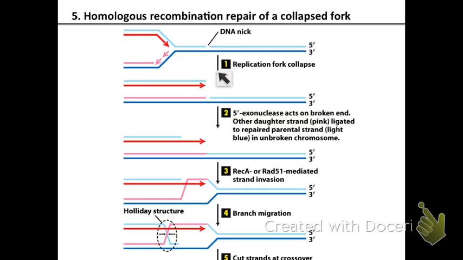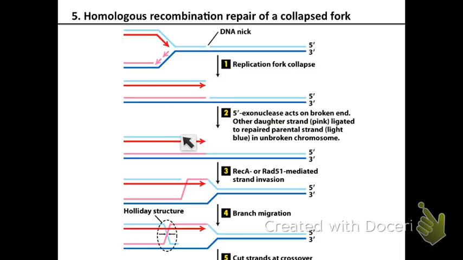That leaves you a double-stranded end in one of the sister chromatids. This double-stranded end is recognized by homologous repair machinery. You've learned homologous recombination. An exonuclease chews back one of the strands.